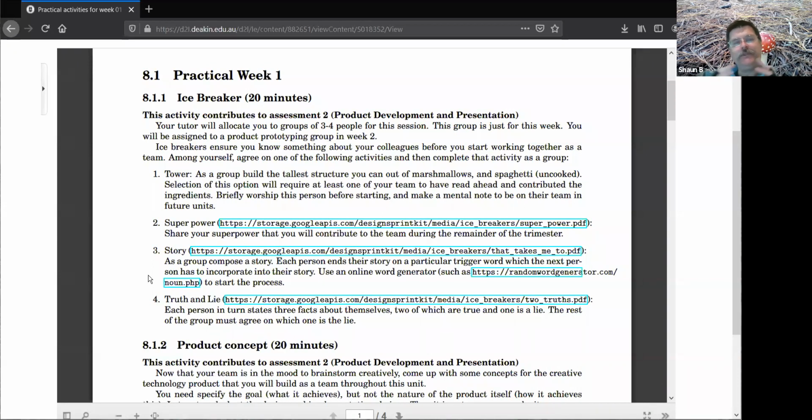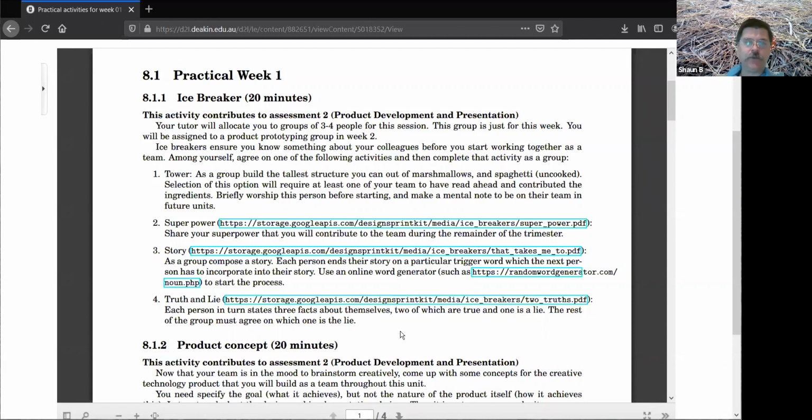If you're having trouble working out what to write the story about, there are a number of marvelous online random word generators that you can use as inspiration. You can use that as the theme for the story itself, or when you hand over the story to the next person, you can find a new trigger word and they have to try and incorporate that into their section as well.